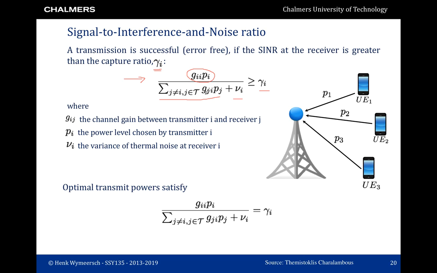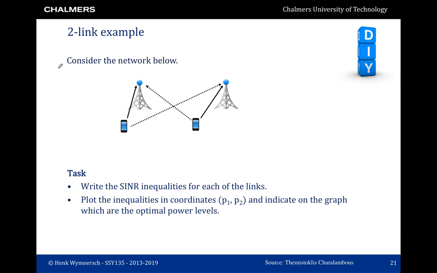So the users, knowing the channels and knowing the threshold, should adapt their transmit power. It is clear that an optimal transmit power should satisfy this constraint with equality, because if the equality is not met, then a user can reduce its transmit power. Consider the following simple problem below, with 2 users and 2 base stations.